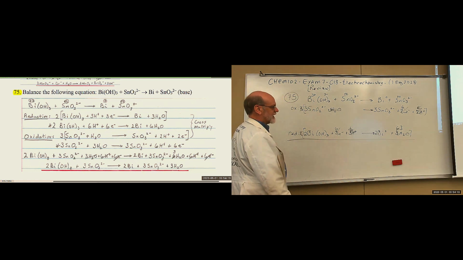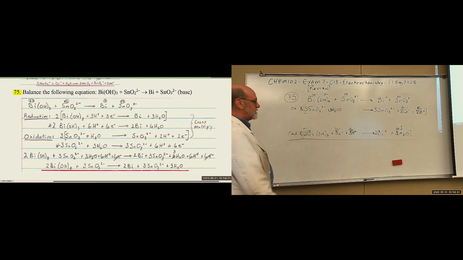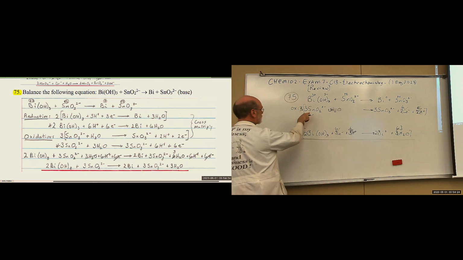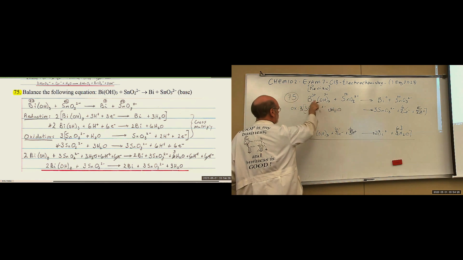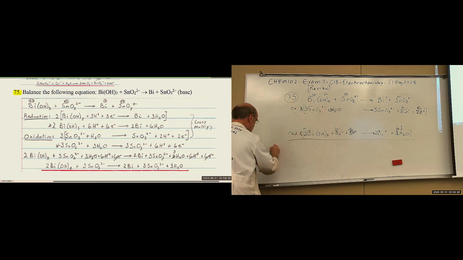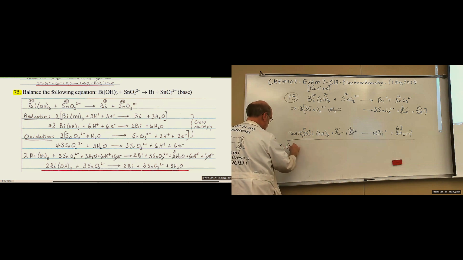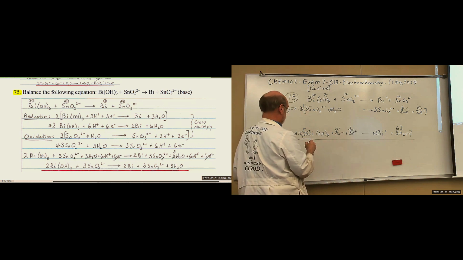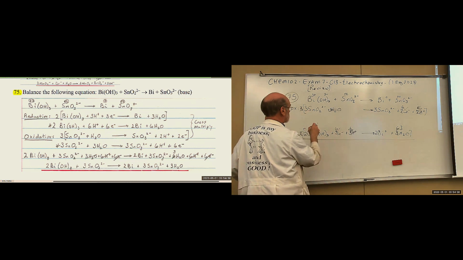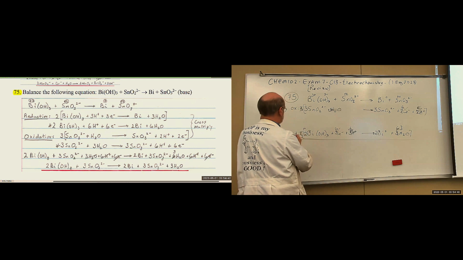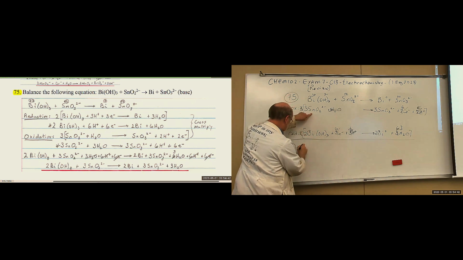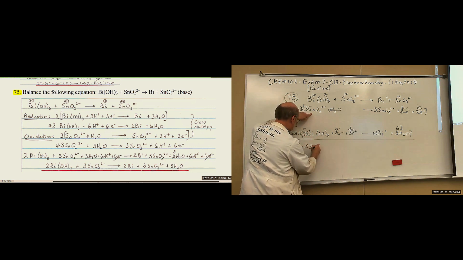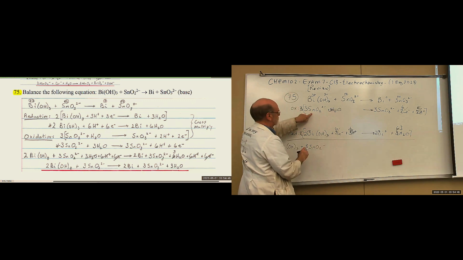So let's bring everything down. Put them in the order they are up here. 2 Bi(OH)3 and 3 SnO2 2-.